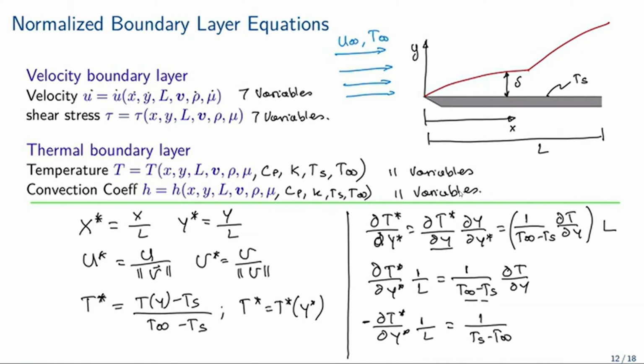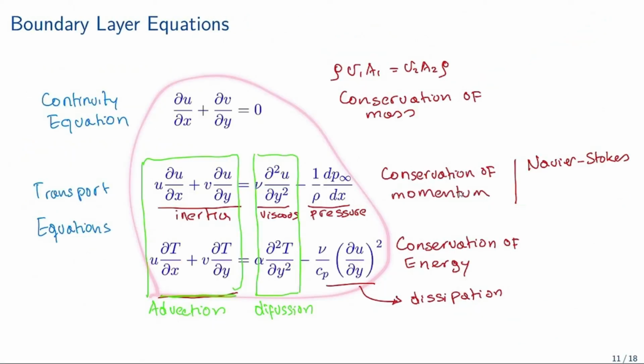The equation becomes minus dT star divided by dy star multiplied by 1 divided by L equals 1 divided by T infinity minus Ts multiplied by minus dT by dy. By solving the derivatives, we get these equations. Now from these equations we get the boundary layer equation.